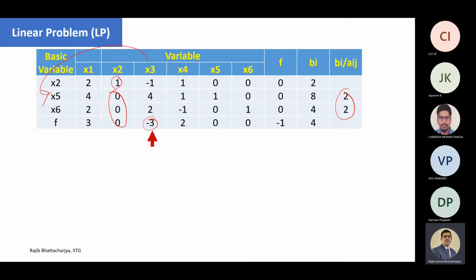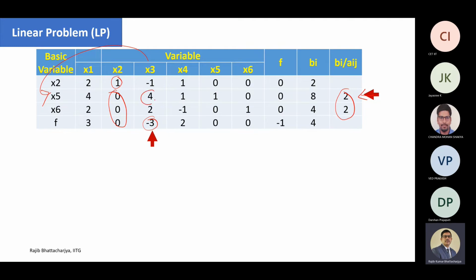I said that if there is a tie, where both values are equal, you can consider any one. The minimum one you should consider, but as both are equal here, you can consider any one. In this case, I have considered the first one.